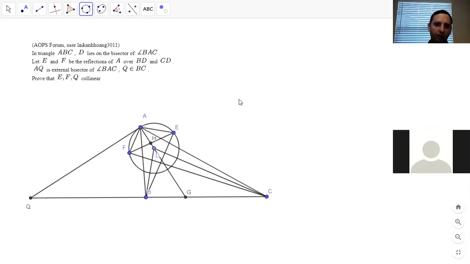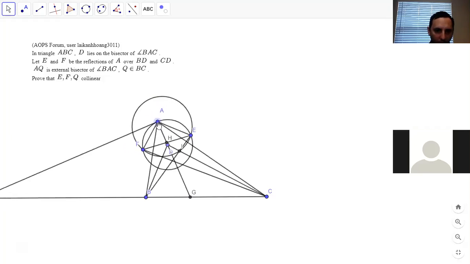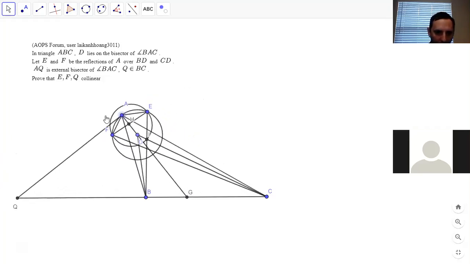So maybe the radical axis theorem somehow. Is there any circle that goes through E and F? Oh, I wonder if, no, I don't think that's cyclic. Wait, do those intersect on the circle?